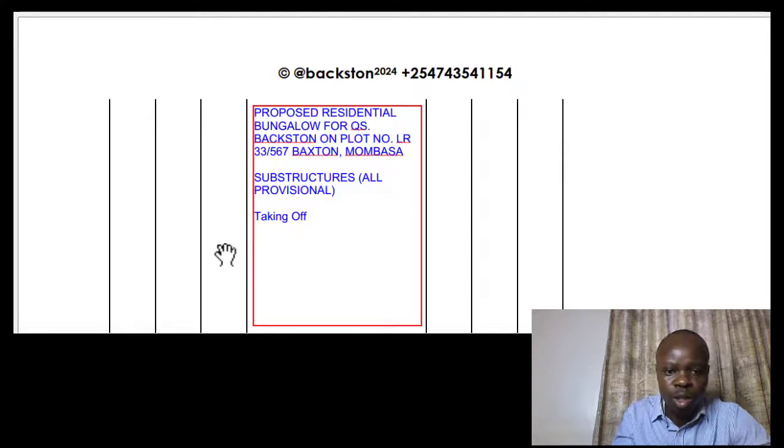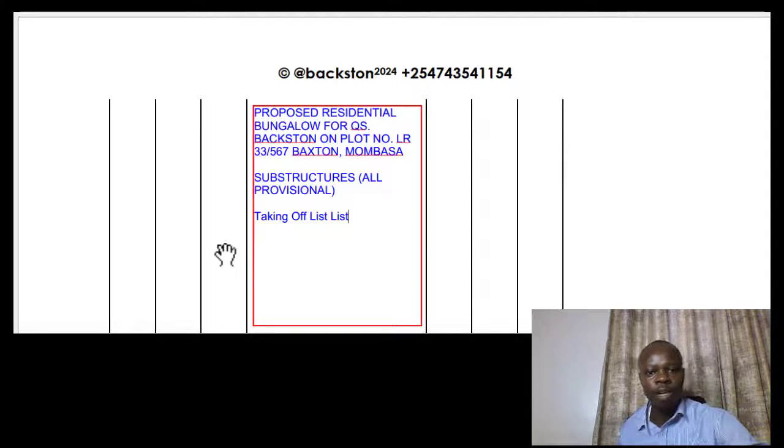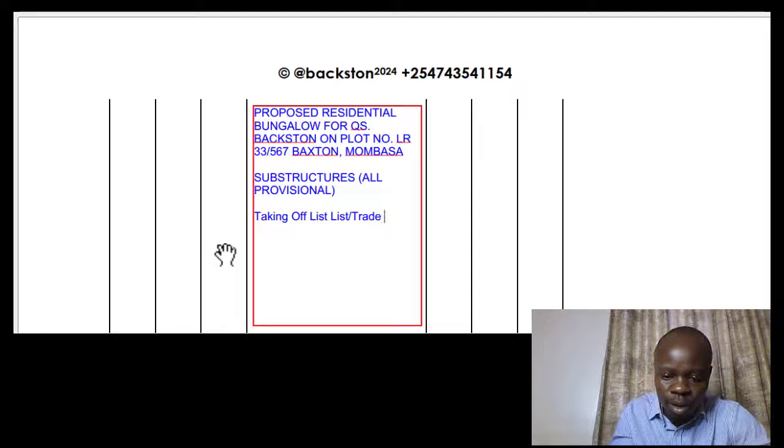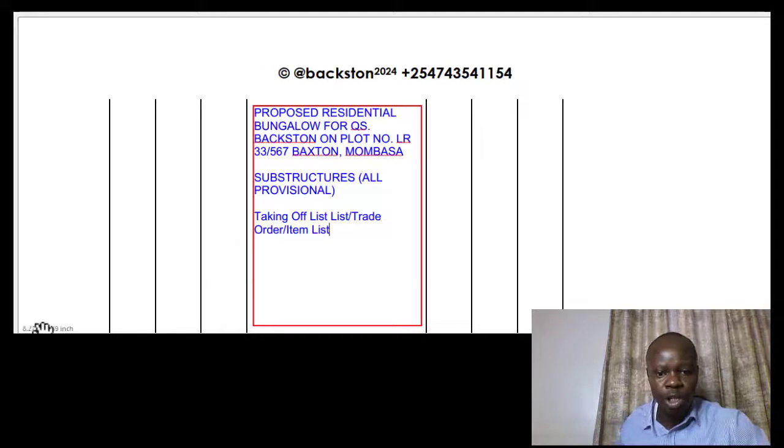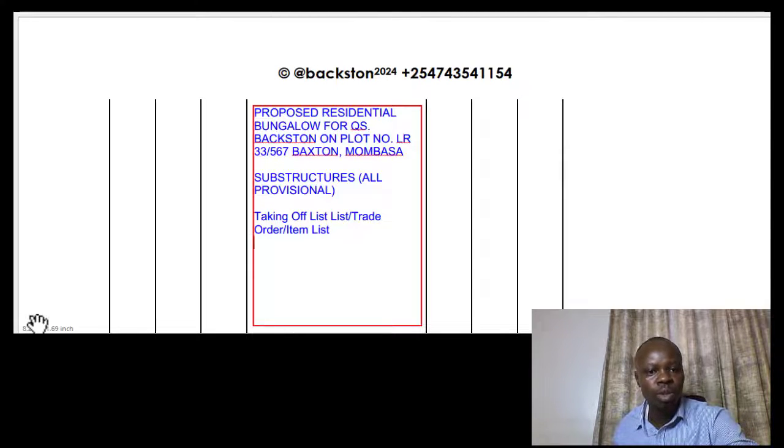So that brings us to what we call a taking off list, or you can call it, if you like, an item list or a trade order and so on. You can call it trade order, you can call it item list, whichever name you wish to refer to it by, as long as you are integrating a list of the items that you need to measure or to talk about.